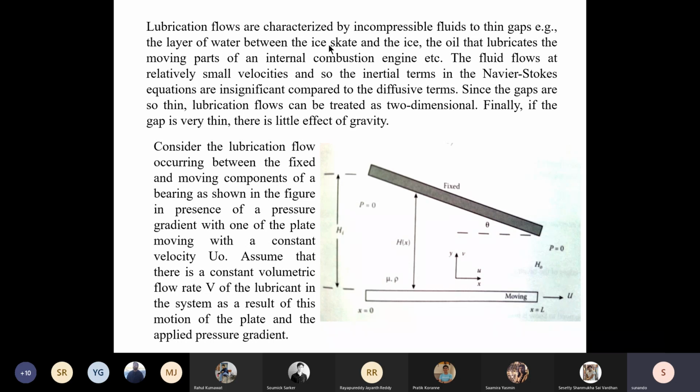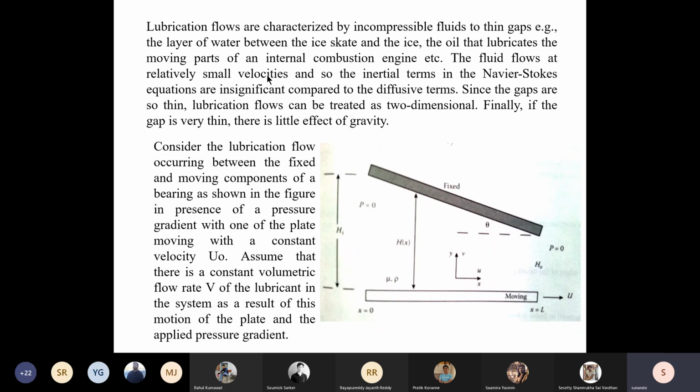A layer of water between the ice skate and the ice, the oil that lubricates the moving parts of an internal combustion engine, etc. In any situation, most of the time the viscosities of these liquids are rather high, and the flow is not due to a pressure gradient, but due to the movement of one of the parts, for example the movement of the skate on the ice.